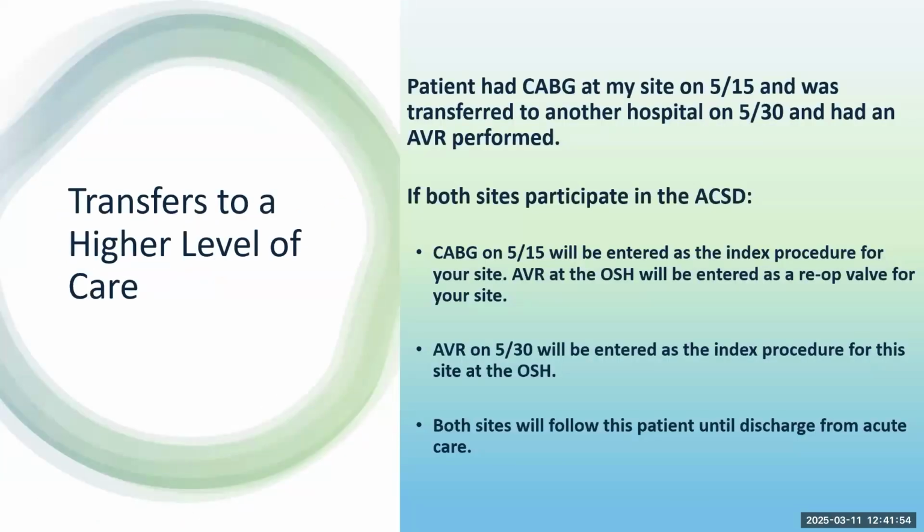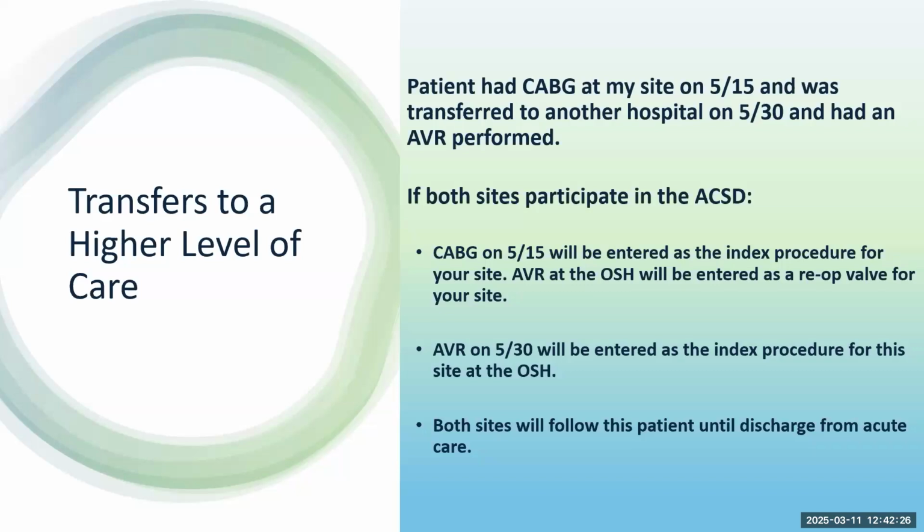So we'll look at our example here. The patient had a CABG at my site on 5/15 and then was transferred to another hospital on 5/30. And at that hospital, they performed an AVR. If both sites participate in adult cardiac surgery, which most often they do, they both participate in the database. Especially when you're going to higher levels of care, most of them are in the database.